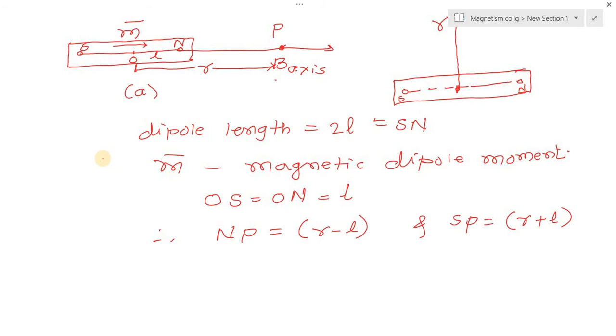Consider the electric field due to an electric dipole with a dipole moment P. Here, to derive the expression for magnetic field, we use the analogy of magnetic field and electric field.